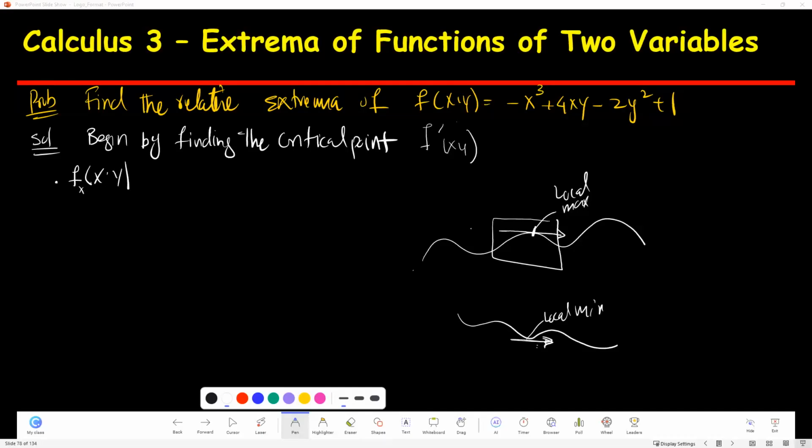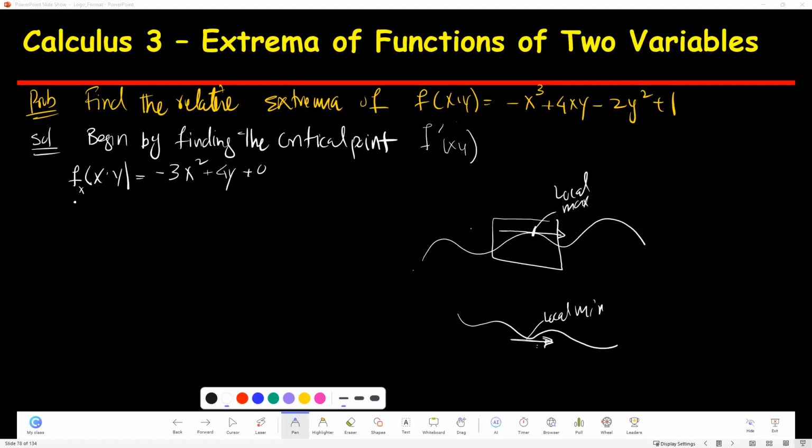So really I'm going to take my function and say df equals d over dx. The derivative with respect to x will be minus 3x squared plus 4y, and everything else will be 0.